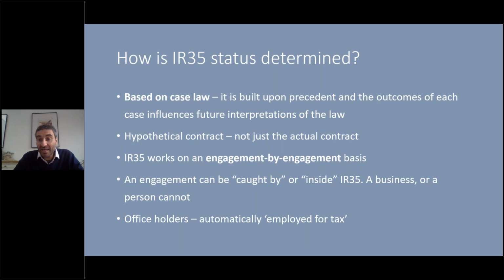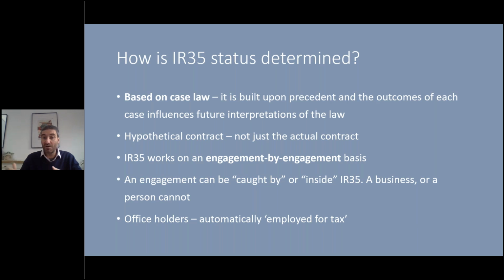It works on an engagement by engagement basis, and what we mean by that is that you as individuals are not IR35 caught or operating inside IR35, but one of your engagements might be IR35 caught. In other words, you might have two engagements, and one of them will be caught for IR35 and the other one might not be.